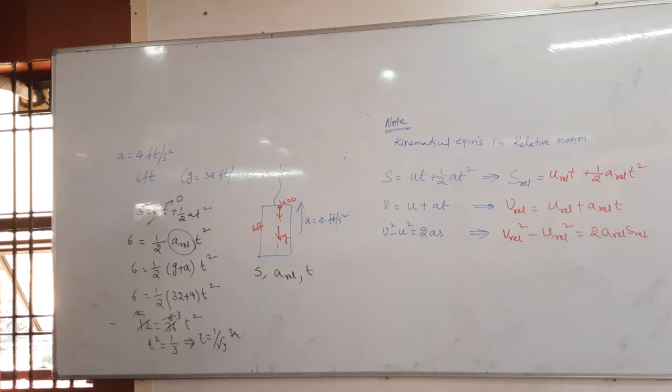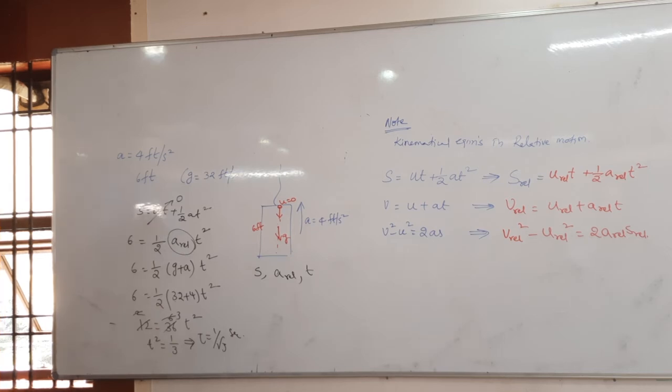Next, write a problem. A ship is moving due east, nothing but east direction, with a velocity of 12 meters per second.